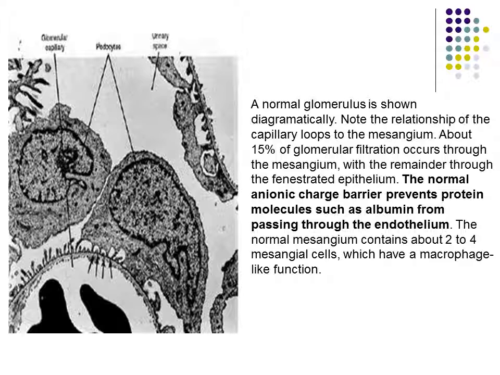Albumin is a tiny molecule as compared to other plasma proteins, so it can easily pass through the fenestrations present on the endothelial cells. But the glomerular basement membrane has a negative charge, that is anionic charge, just like the albumin, because of which albumin is repelled back through the endothelial cells into the blood vessel, and is not filtered through the glomerular basement membrane.